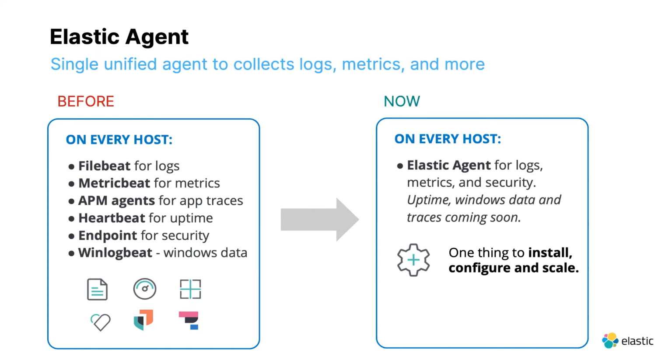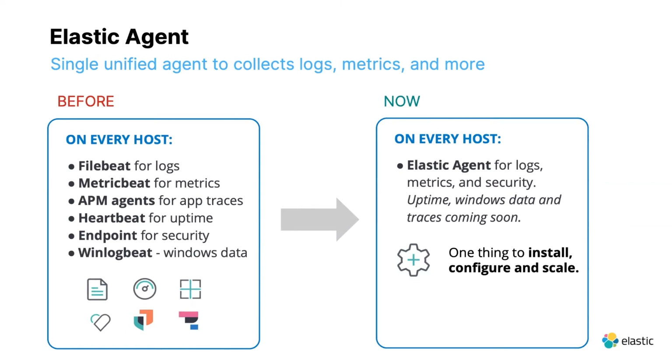Those of you who've been using Elastic for some time will be familiar with our Beats agents: Filebeat, Metricbeat, Heartbeat, APM agents. These are different agents that traditionally we've used at Elastic to help ingest data into the system. They would be installed on your servers or your laptops, your endpoints, and they would emit telemetry back to Elastic.